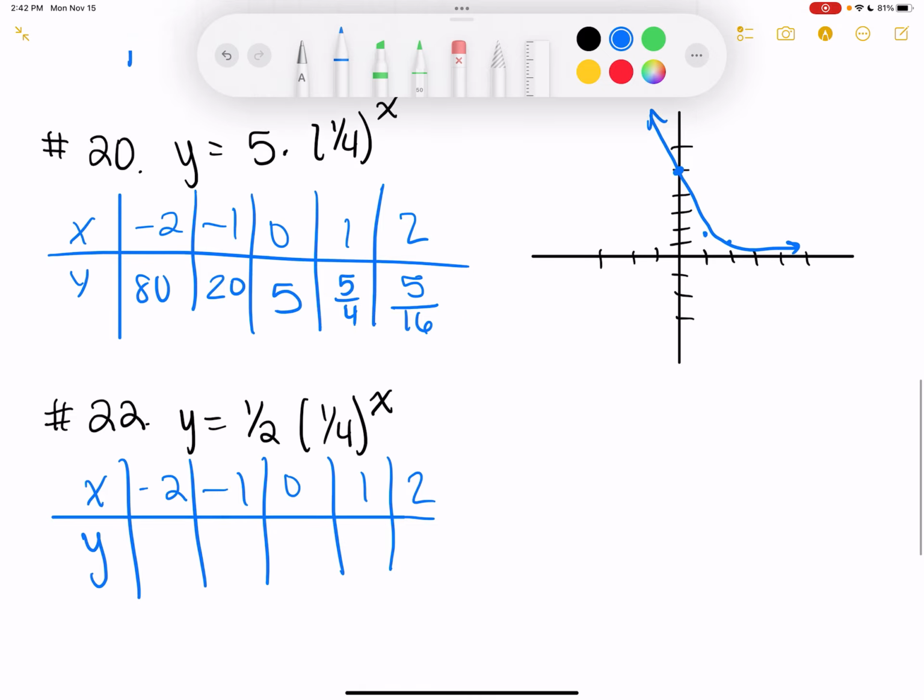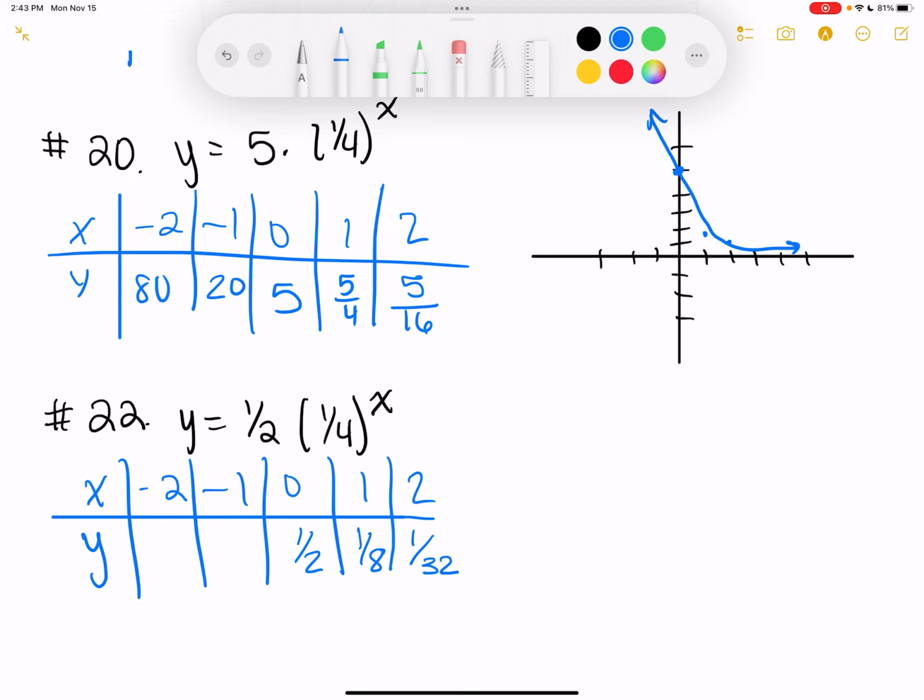What do we have? 1 times 1/2, which is just 1/2. At 1, 1/4 times 1/2 is 1/8. At 2, 1/16 times 1/2 is 1/32.